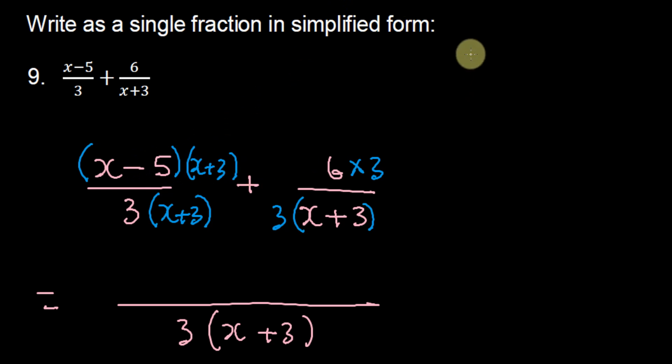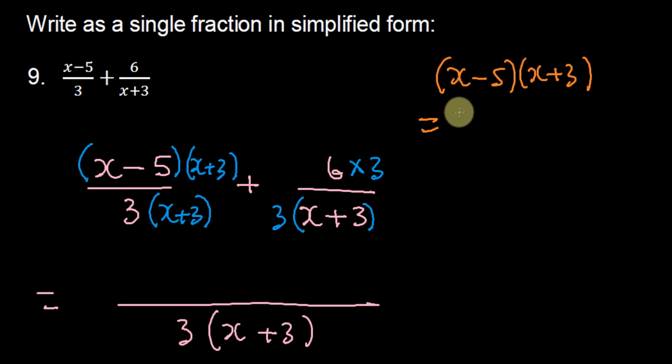I'm going to do it on the side here. So x times x is x squared, x times 3 is 3x, negative 5 times x is negative 5x, and negative 5 times 3 is negative 15.